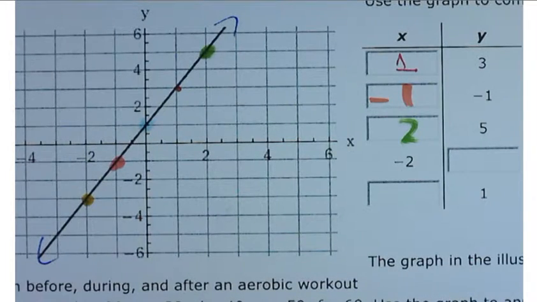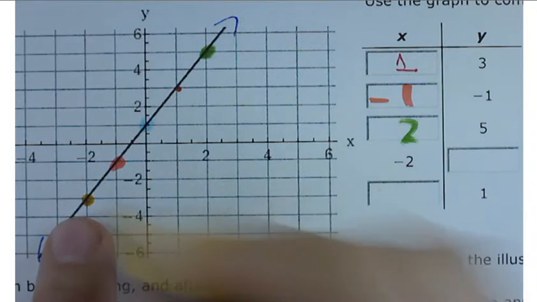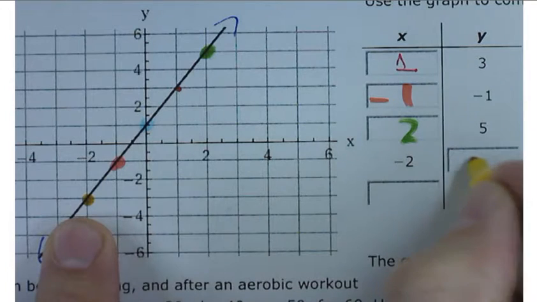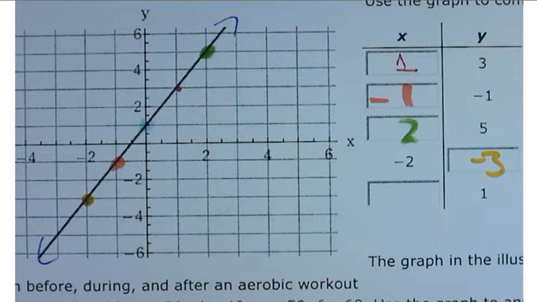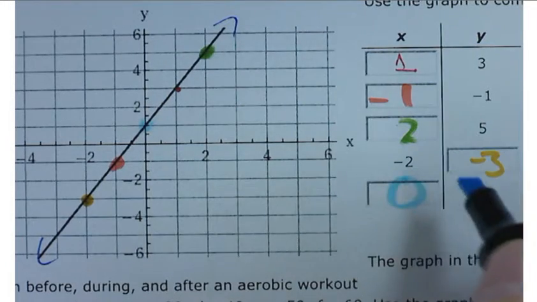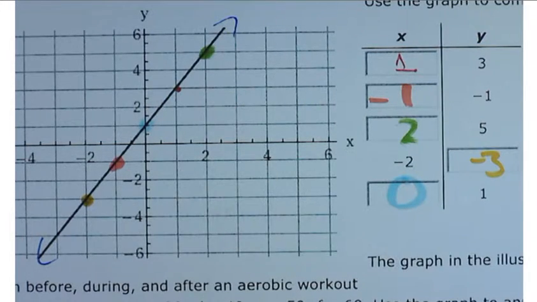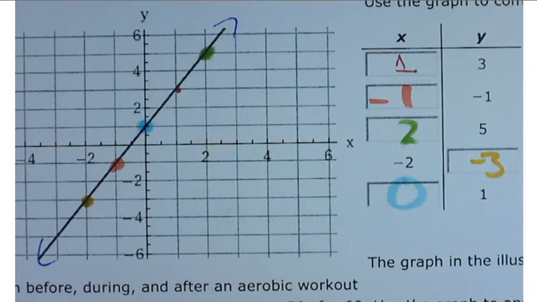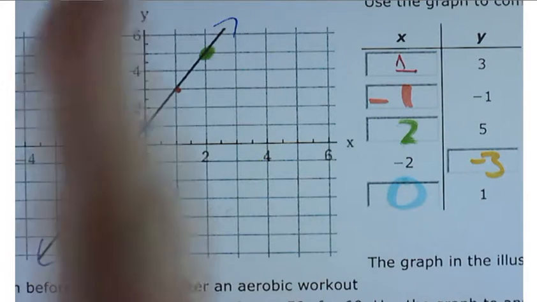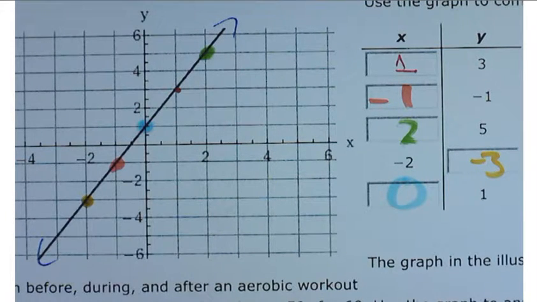Let's move around to x is -2. -2, and yeah, -3. Ooh, the last one. What happens if y is 1? What's the value of x? 0. Well done. So, big goose egg there on that last one: for y is 1, then x is 0, right on the y-axis. All right, nice.